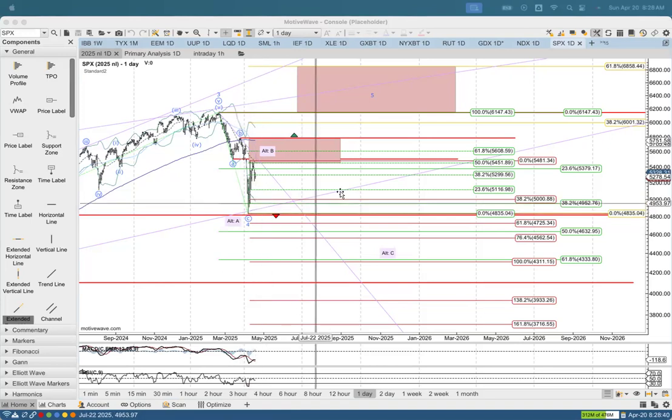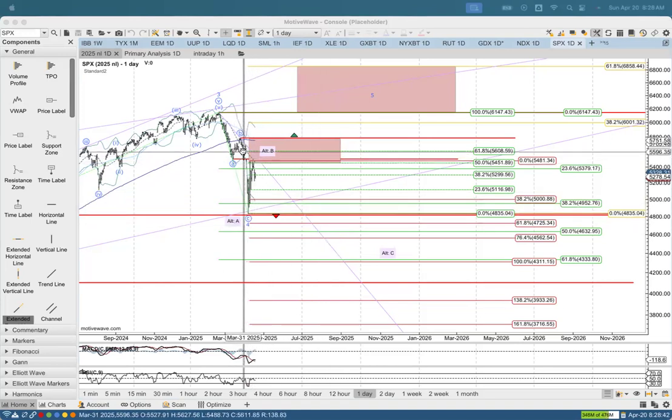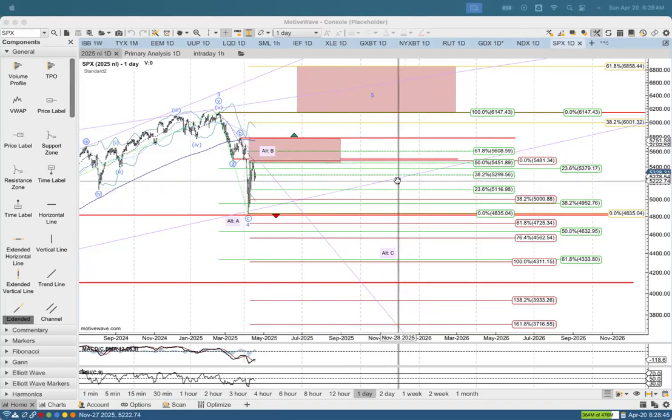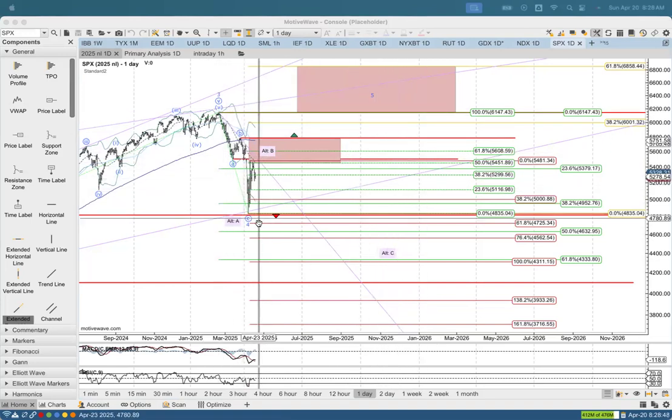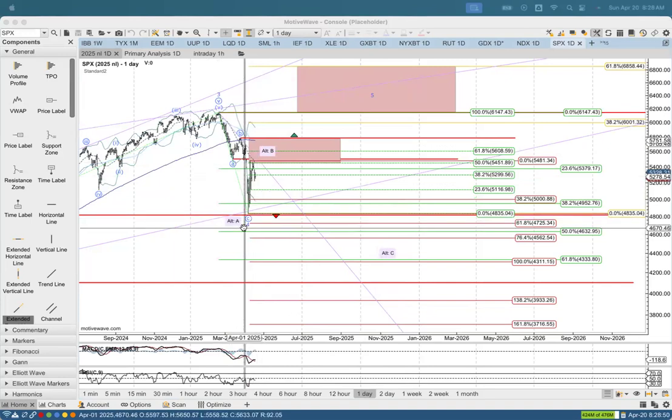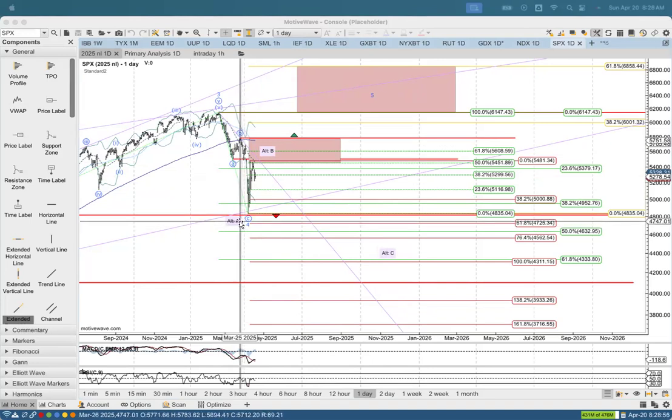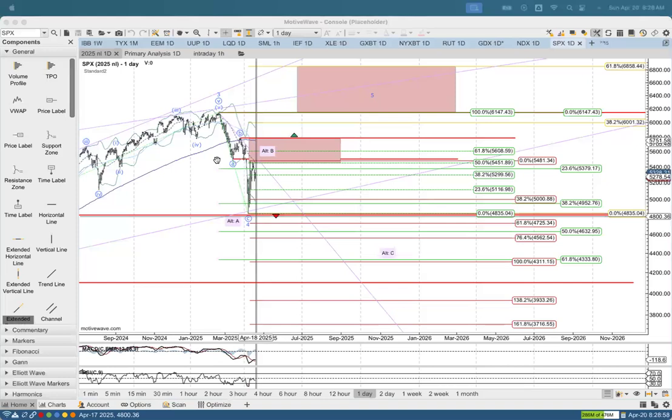So what we have now is the bounce, as fast as it was, already retraced 50% of the decline from the top. And that would be my minimum expectation under not only the bullish scenario, but the bearish scenario as well. So at this point, we have a question mark.